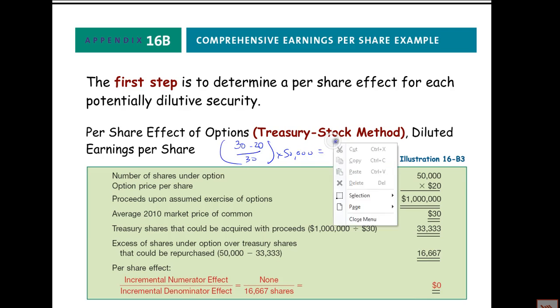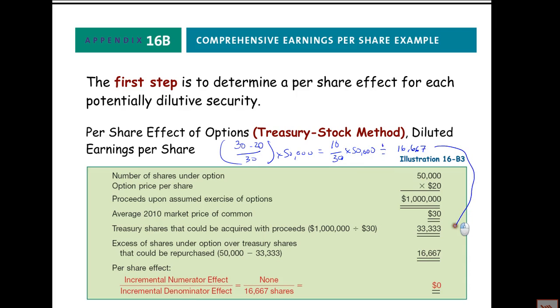So that's 10 over 30 times 50,000, which is approximately 16,667.